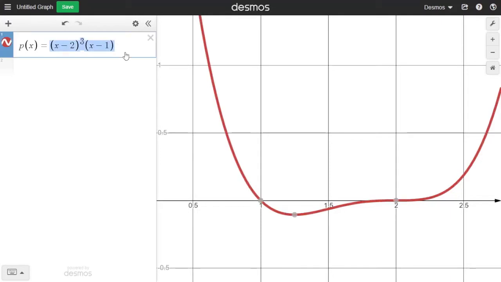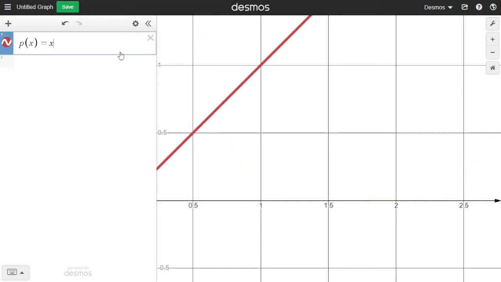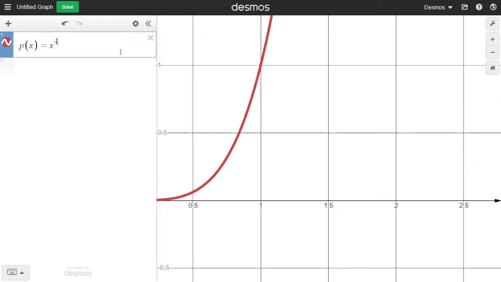Now I'm going to write a fourth degree polynomial in general form. How about x to the fourth, and let me hide these interfering graphs away. I only want to show the final graph. So x to the fourth minus 5x squared plus 6.